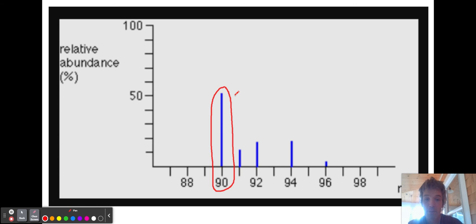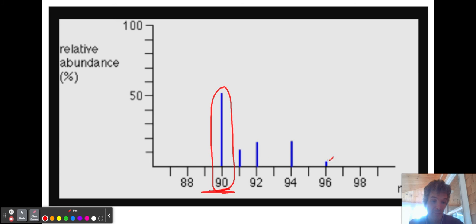Now, the most common. So those things again were its relative abundance, or percent abundance, which I read off the y-axis. I know its mass number, that's off the x-axis. I also know the number of isotopes. I could also calculate, if I knew the element, the number of neutrons.